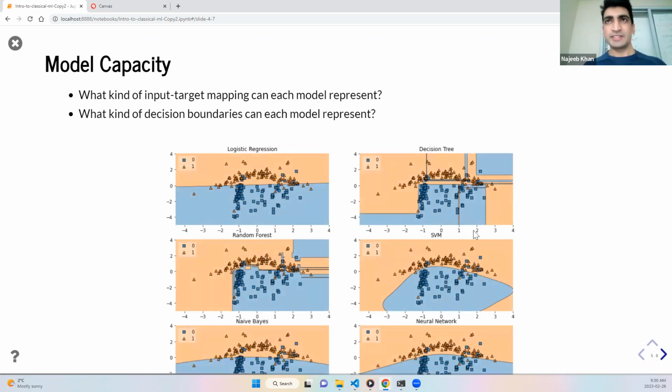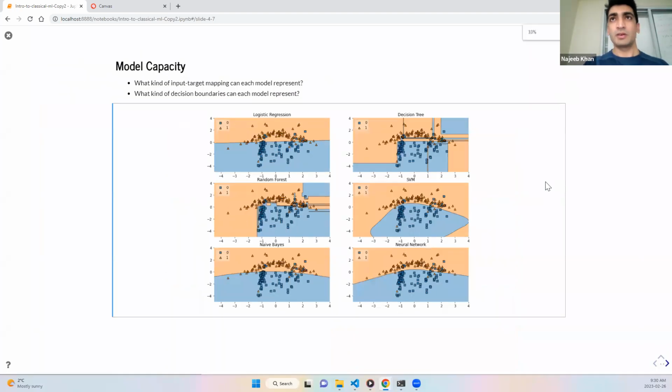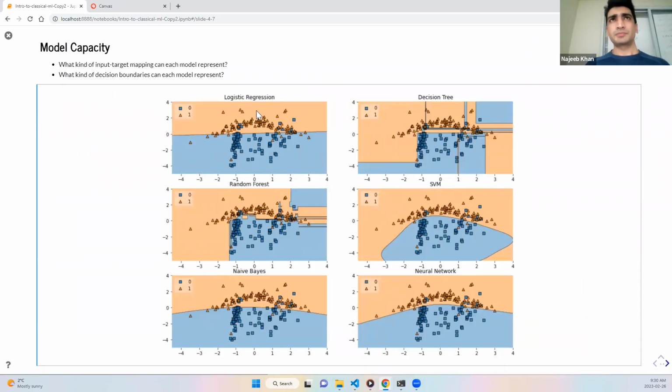Here are some examples of what is possible with each of the classes. For logistic regression, the blue and the yellow areas are the two classes. The model will classify any input that lies in the blue region as the blue class, and any example that falls in the yellow region as the yellow class.